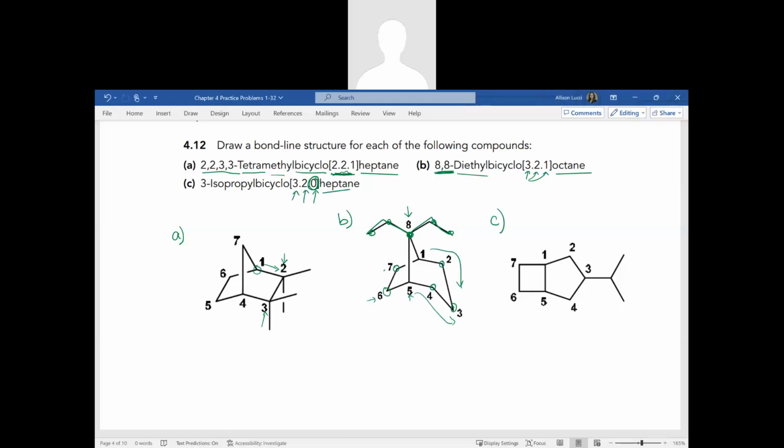So that's why we have placed here a 3-carbon bridge next to a 2-carbon bridge, and between them is our 3rd bridge with 0 additional carbons. So whenever you see that 0 as part of your parent name, you know that your 2 cyclic structures would then share an edge.